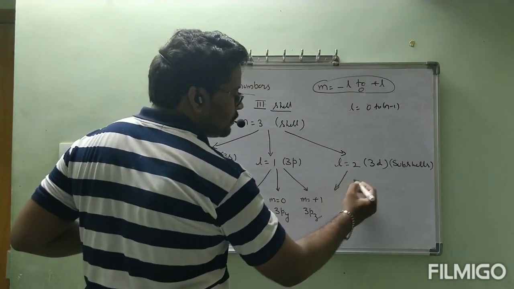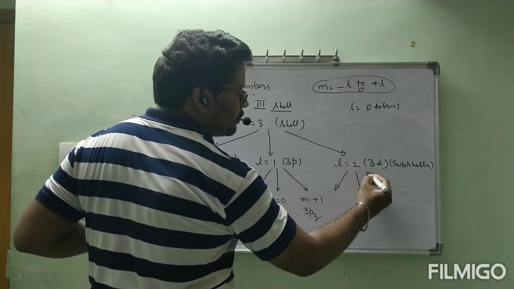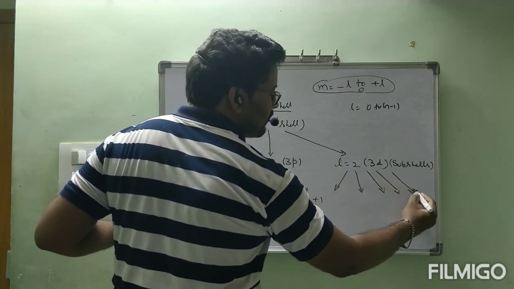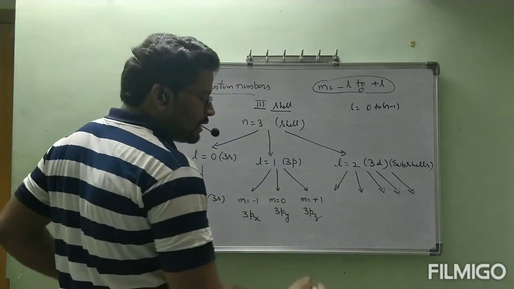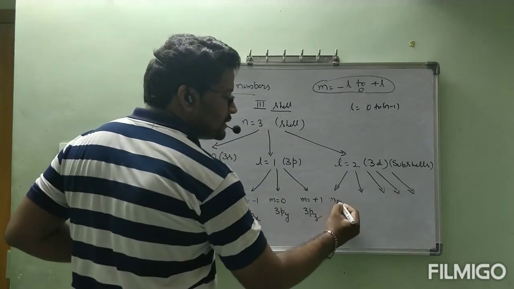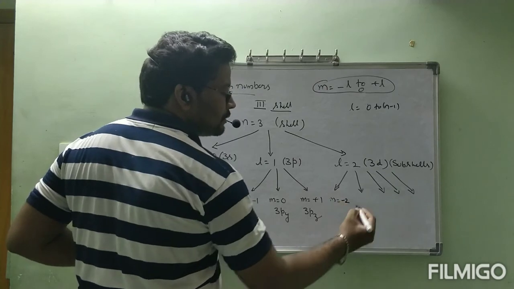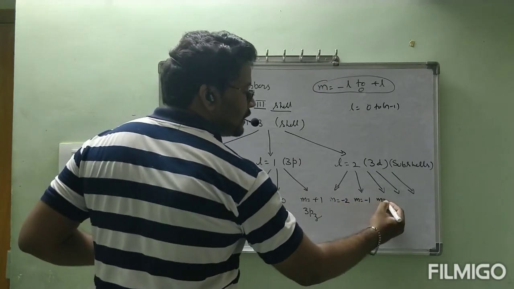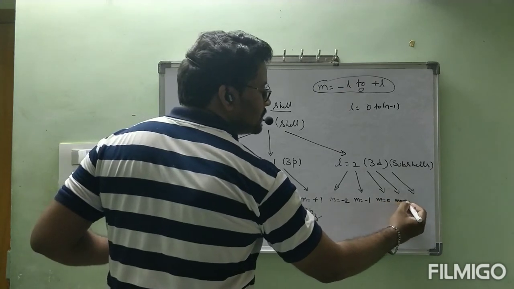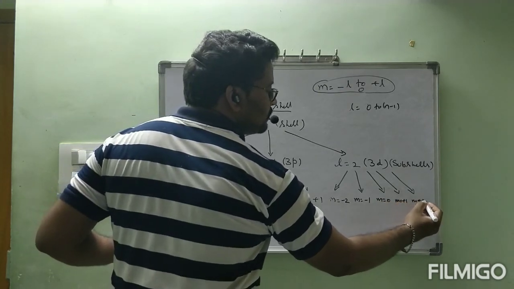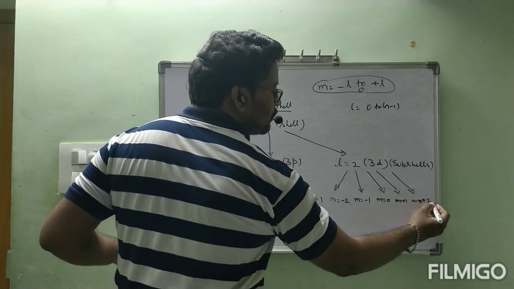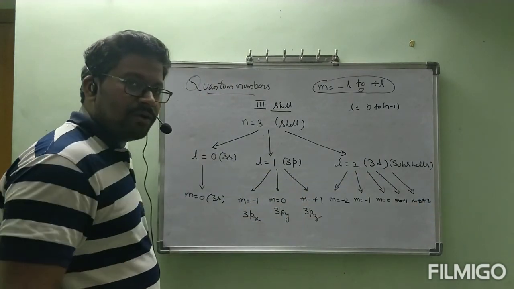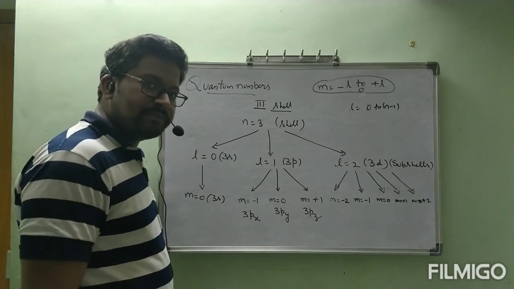1, 2, 3, 4, 5. What are the m values? m is equal to minus 2, m is equal to minus 1, m is equal to 0, m is equal to plus 1, m is equal to plus 2. 5 orbitals are there. I hope you are clear. Those orbitals' names are also clear.